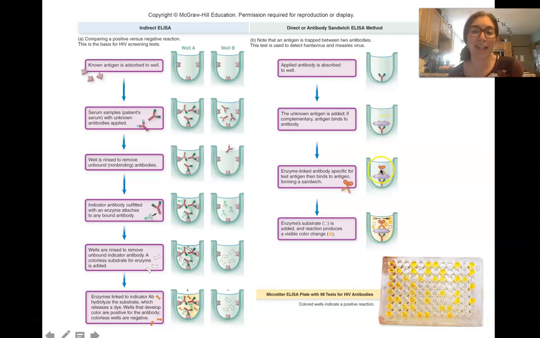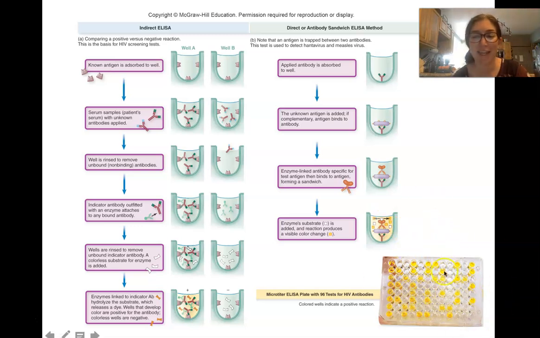You add a secondary antibody that has some kind of enzyme on it, and then you do a wash step. If there's no antigen there, if the person is negative for that microbe, then that secondary antibody will just wash away and you will get a negative reaction. But if there is antigen there, then the secondary antibody will stick, and when you add the substrate, it'll cleave it and cause a colorful reaction.